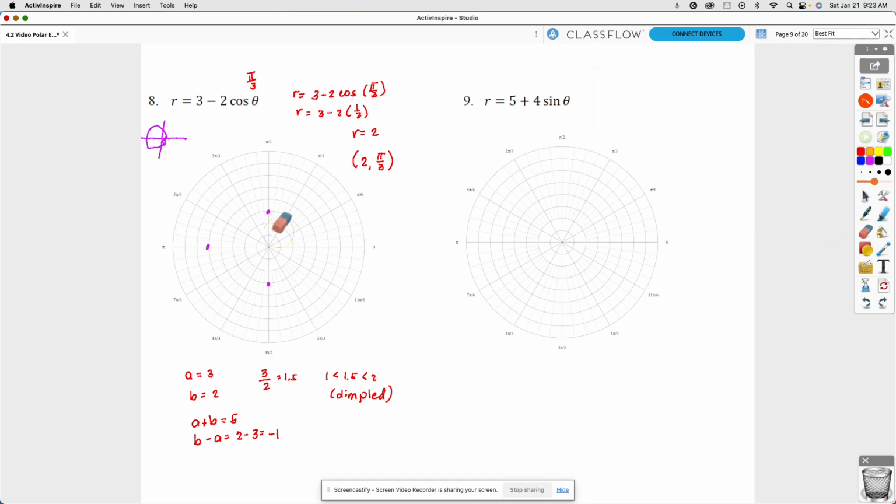We don't start with the pole. And then this point will be reflected over onto here. Okay. So we connect these points and you have your dimpled limaçon. So there's that small dimple right here.